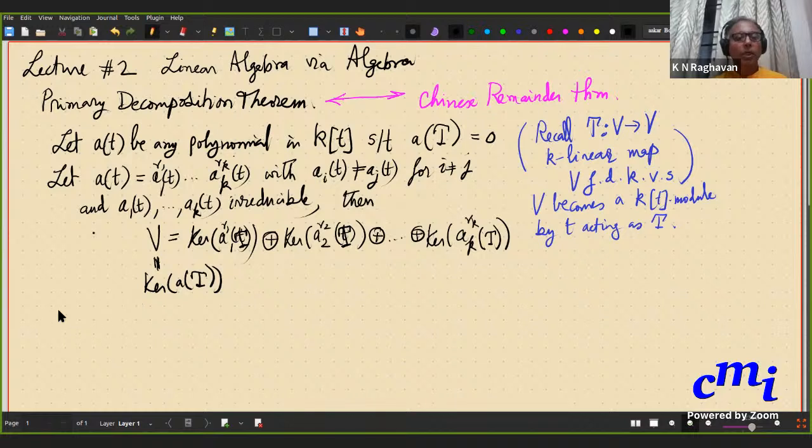So in particular, you can apply this too. We can take A(t) to be the minimal polynomial.